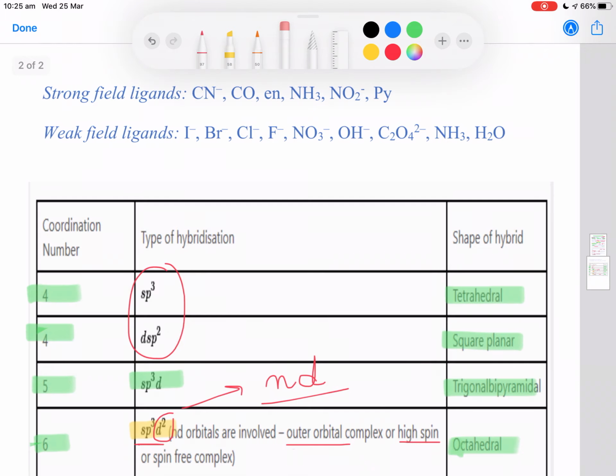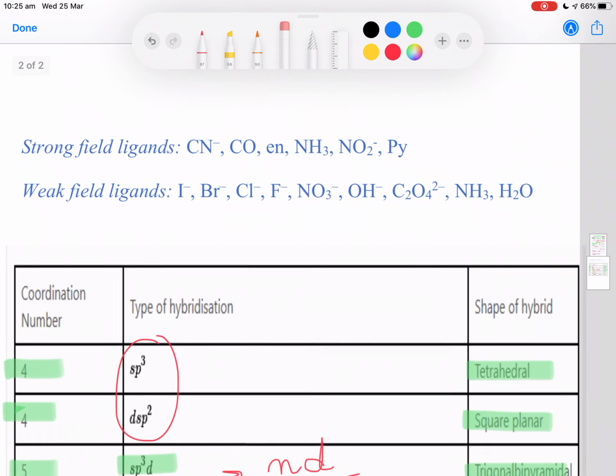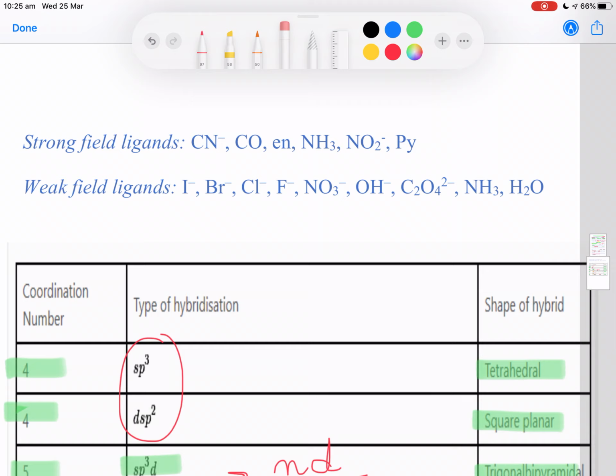Now how do I know what are these weak and strong field ligands in a complex? For that we have a series over here, the strong field ligands and the weak field ligands. You have to memorize which ligands are classified as strong field or weak field. Quickly, I'll tell you: cyanido, carbonyl, ethane-1,2-diamine, then amine, nitrito, and pyridine.